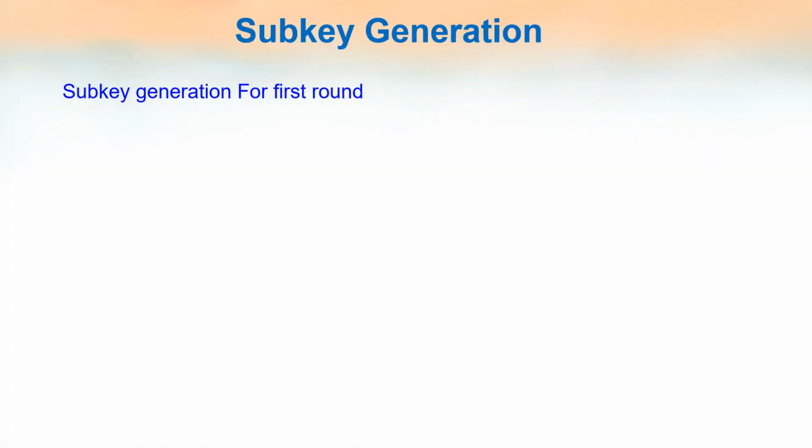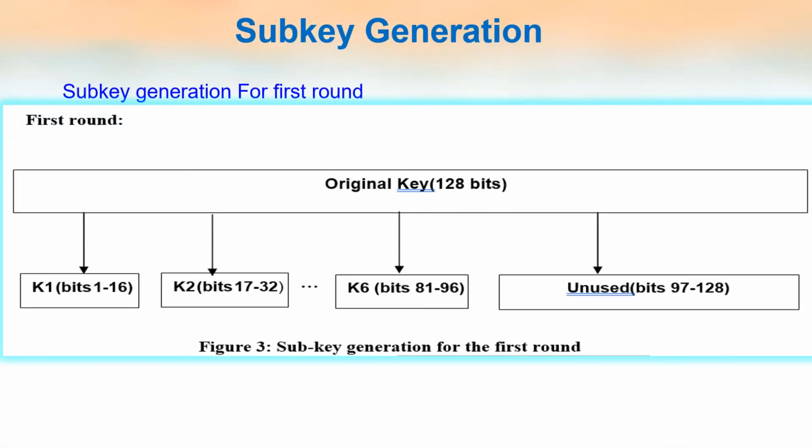Subkey generation for the first round. In the first round, the original key is taken, which is of 128-bit length. It can be divided into 8 subkeys, each of size 16 bits. Among these 8 subkeys, the first round requires only 6 subkeys.